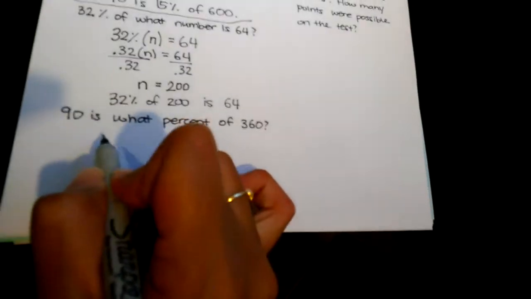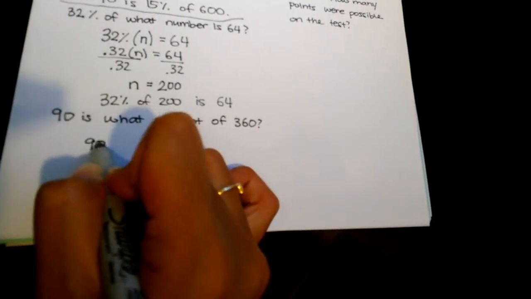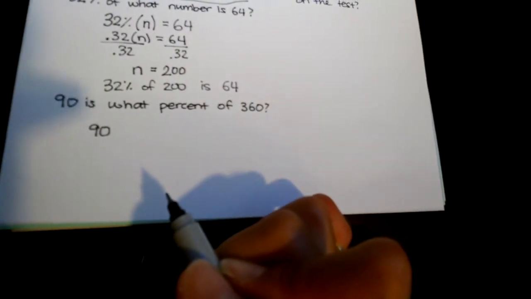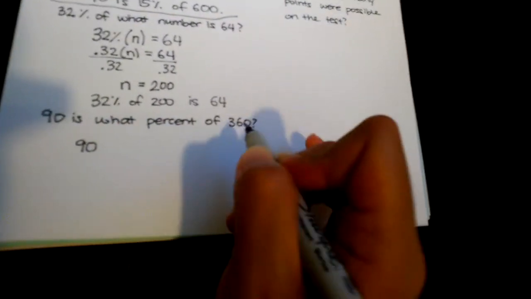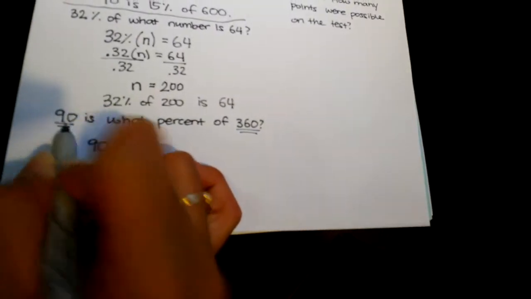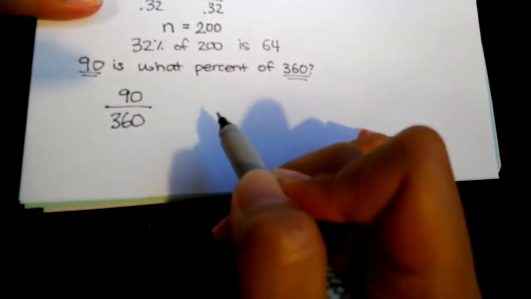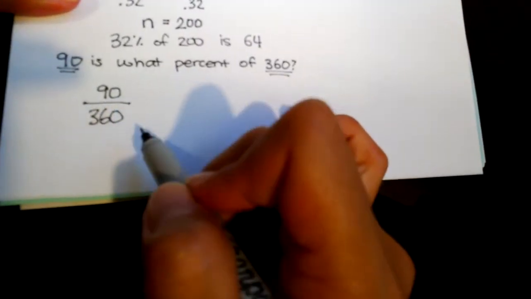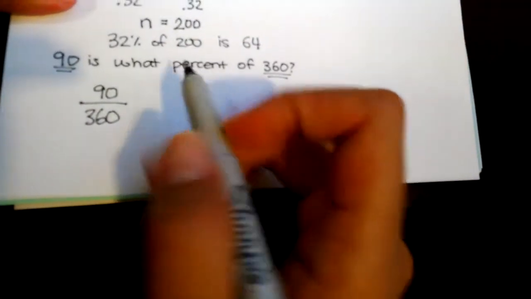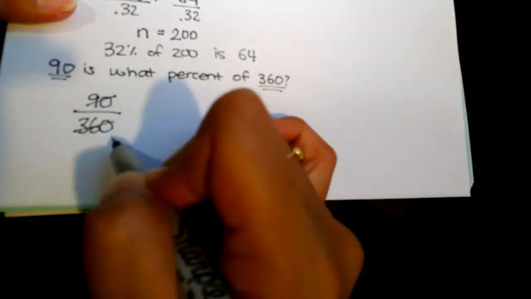The next one is: 90 is what percent of 360? The whole is 360, and of that, we're trying to find how much 90 contributes. So we can do 90 divided by 360. Right now it's a fraction, so we have to put it into a percentage. 90 goes into 360 4 times, so we have 1/4.